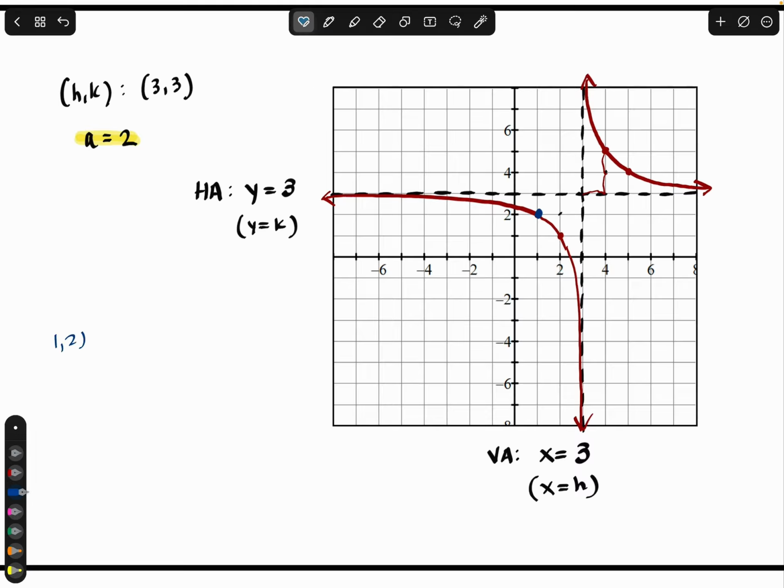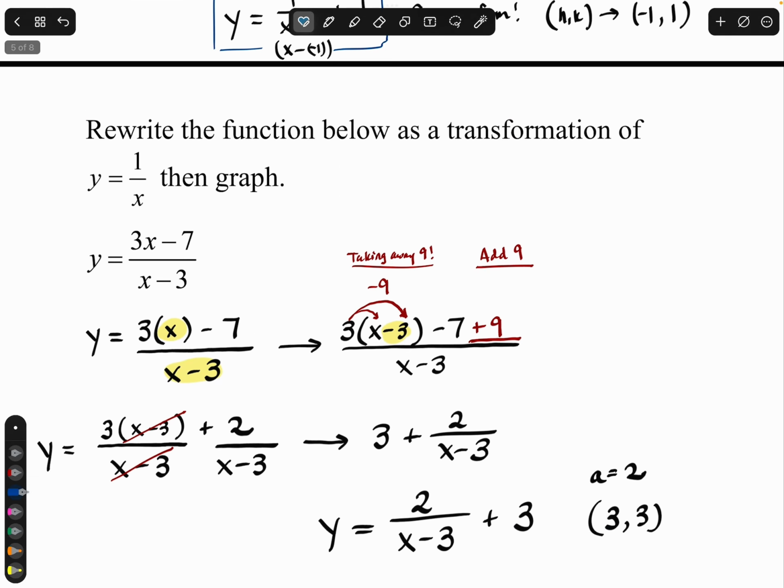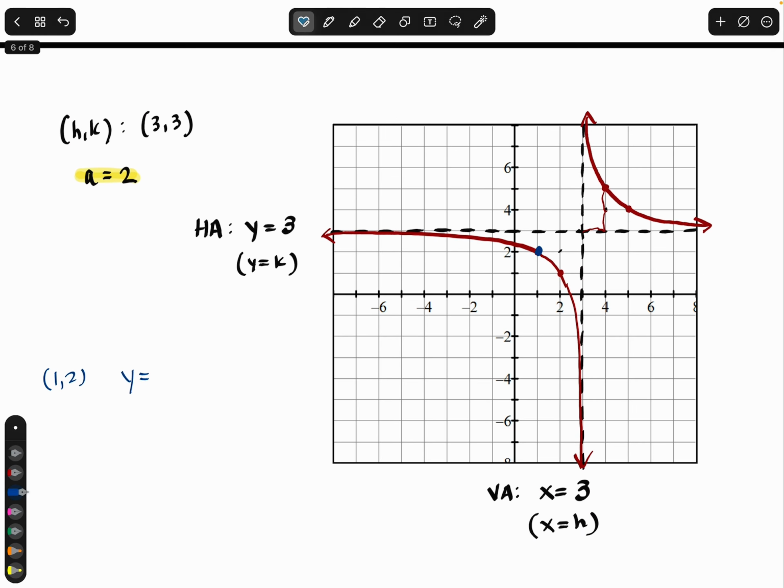Let's use our original function, y equals (3x minus 7) over (x minus 3). So y is equal to (3 times 1 minus 7) over (1 minus 3). You can see we get negative 4 over negative 2, which is equal to 2, and that is what our output should be. So we know it's good.